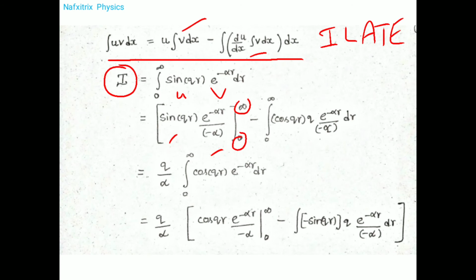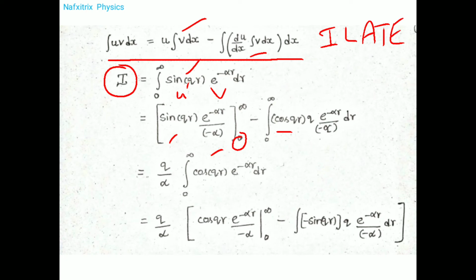The differentiation of sine ax with respect to x is a cos ax. So differentiating sine qr with respect to r, we get cos qr into q, where q is a constant, in terms of the variable r.